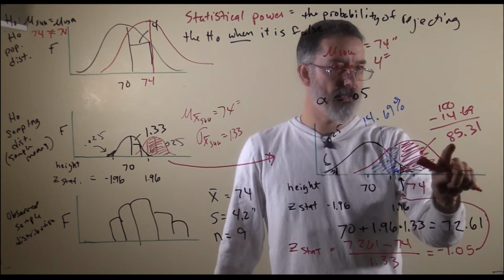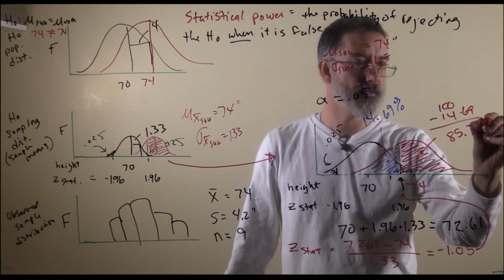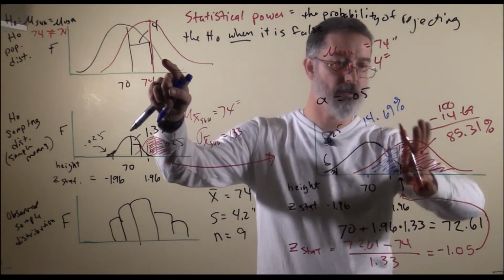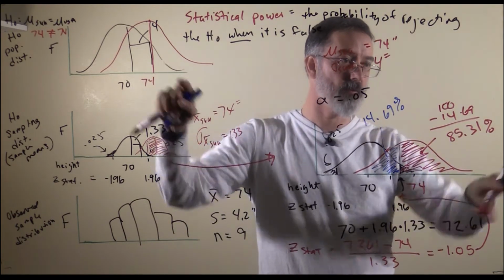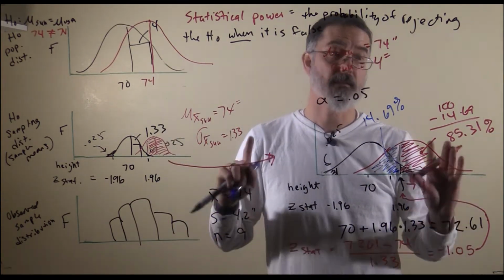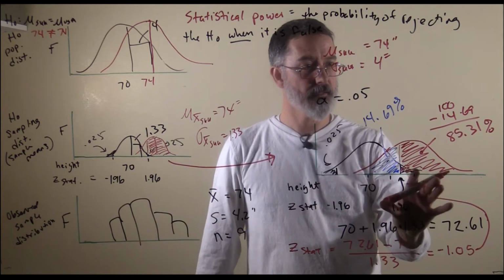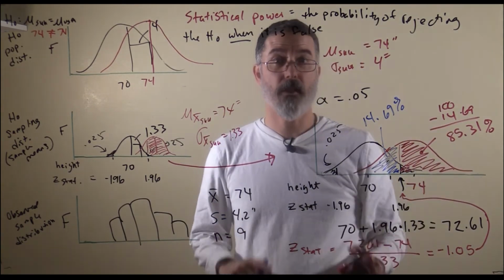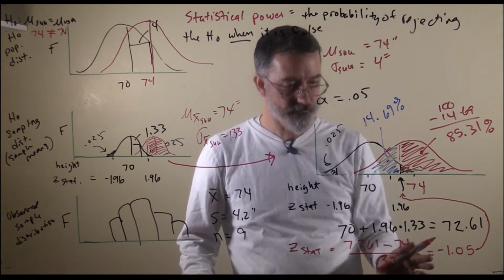So 85.31% of all the samples that you would expect from this population are going to exceed our decision threshold, and we're going to reject the null hypothesis like we should. So in this example, the statistical power is 85.31%, so that's a really nice statistical power.